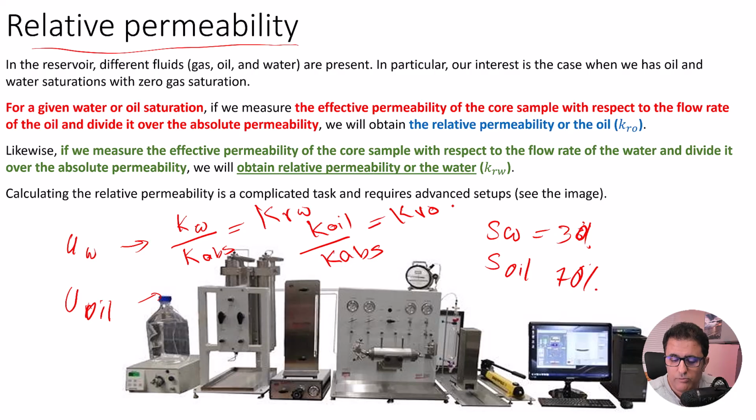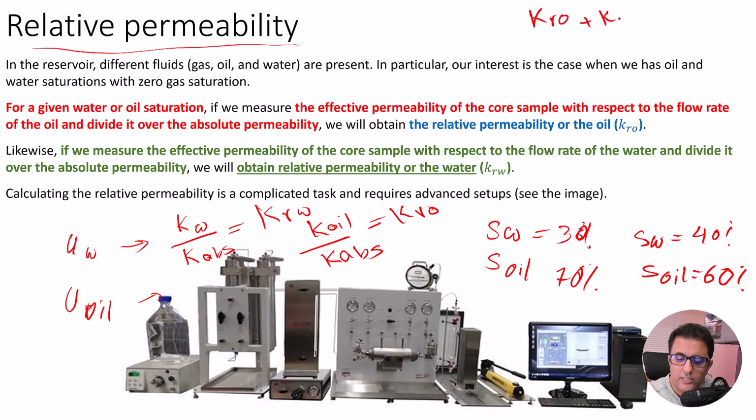In other words, if we repeat the experiment at another saturation, say S_w is 40% and S_oil is 60%, then we're going to obtain different values for relative permeability. Another thing I should emphasize is that the relative permeability of oil plus water is not necessarily equal to 1. Please consider this fact.